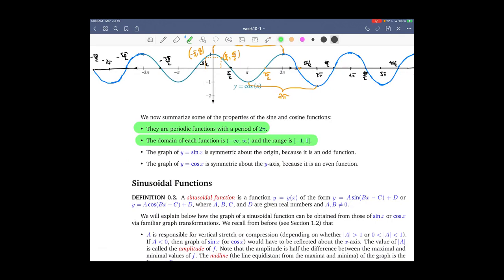Once again, the graph of sine x is symmetric about the origin because it is an odd function, and the graph of cosine x is symmetric about the y-axis because it is an even function.